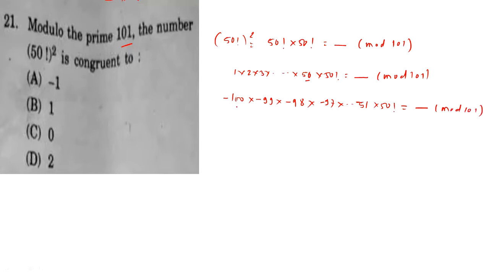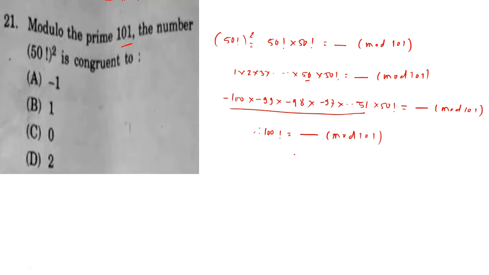How many minus signs do we have here? We have 50 minus signs, so the result is positive. This can be written as 50 factorial into 51, 52, up to 100, which is nothing but 100 factorial, equal to some number modulo 101.